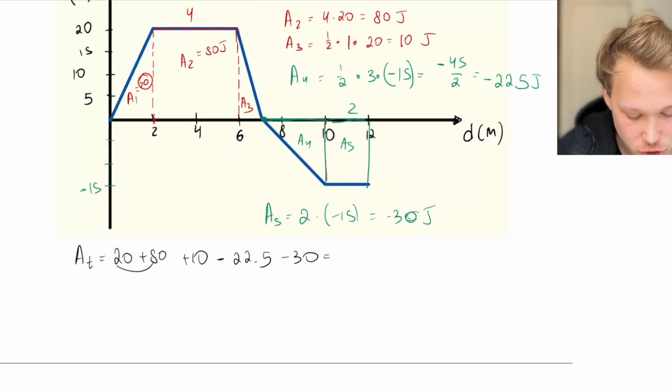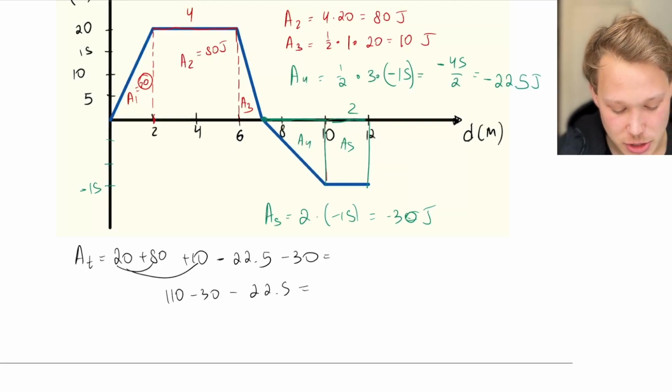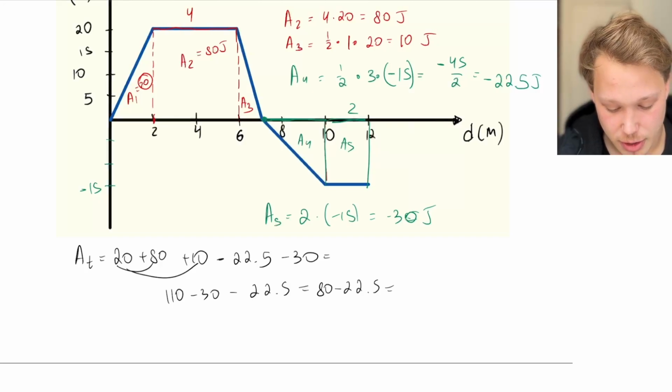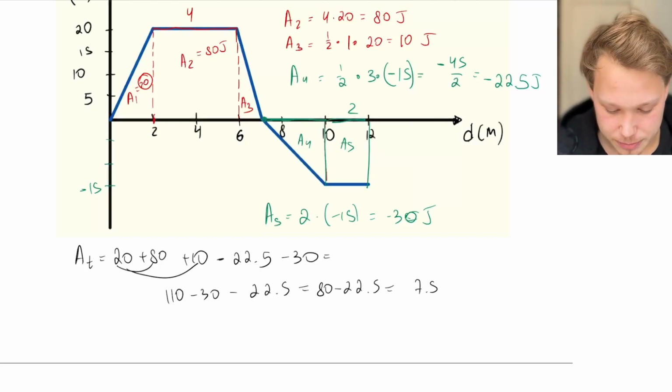So this is 100, 110, minus, let me do minus 30 first. So it's going to be 80 minus 22.5. So 67.5, if I'm not mistaken. Let me see. 57.5, sorry. 57.5 joules as our final answer.